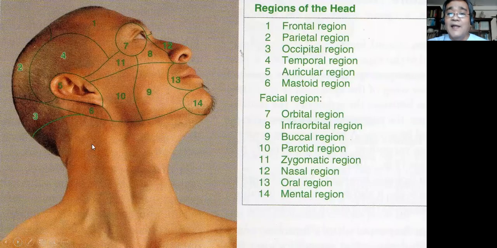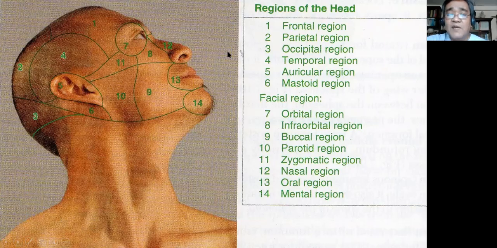let's first consider the regional landmarks of the head. As you can very well see on the screen, these are the different regions of the head. And why do we need to know this?